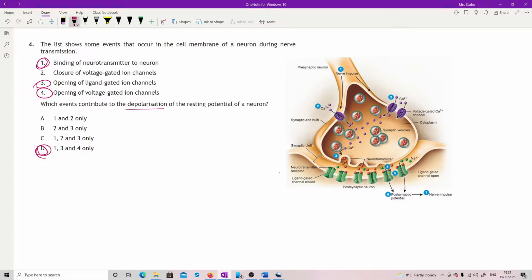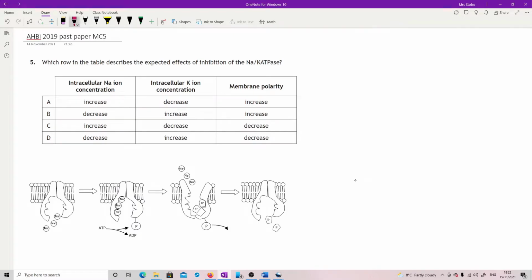And so D. Which row in the table describes the expected effects of inhibition of the sodium-potassium ATPase pump? This is in a lot of papers. We have our intracellular on this side, and our extracellular on that side. Which row in the table would give you inhibition of this whole thing? If I block this doing its job, what is going to happen?